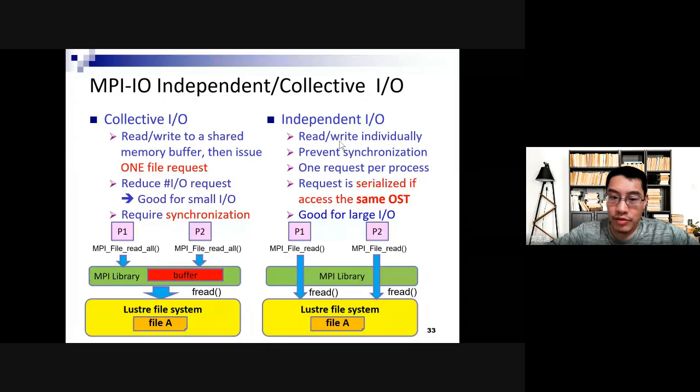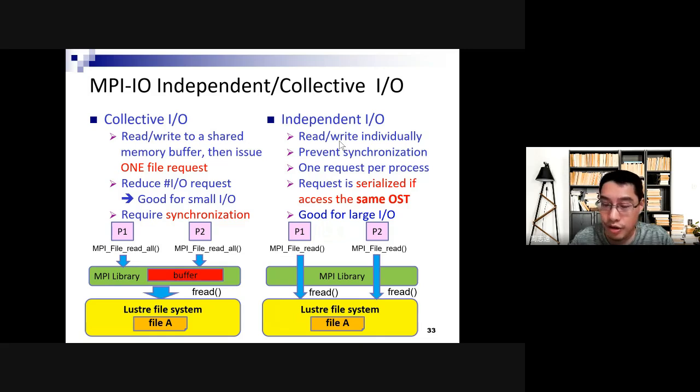Especially for read and write operations, the MPI library provides two types of I/O for both read and write. One is collective I/O, the other is independent I/O. We can look at independent I/O first, because that's exactly what I mentioned about how MPI tasks perform read and write. Independent I/O means that the process will perform the read and write operation independently. They are allowed to read and write certain parts of the file on their own.